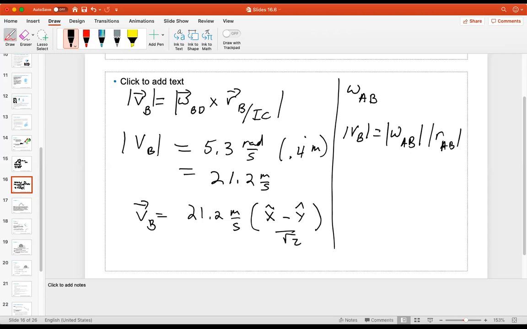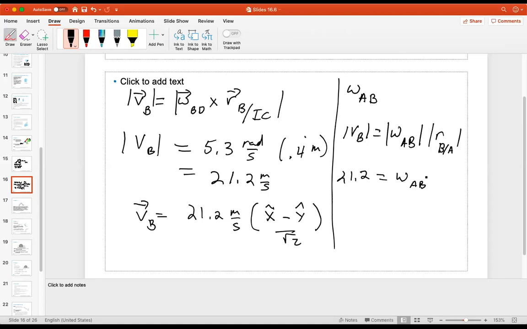Sorry, I apologize, mixing notations here from different classes. B relative to A. And looking back at our previous slides, you can see that this number is 21.2, and this is what I'm trying to find.